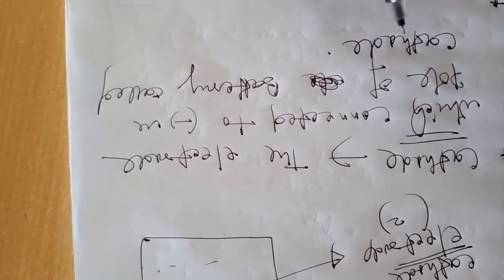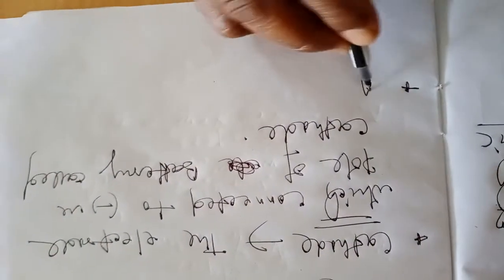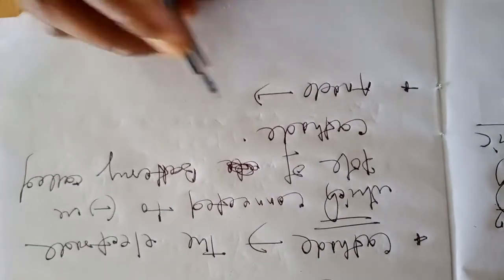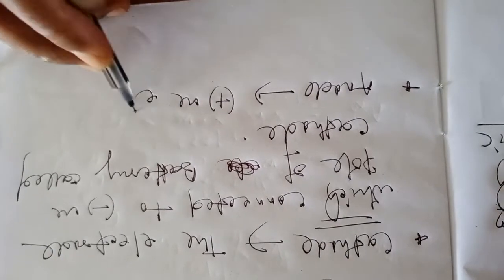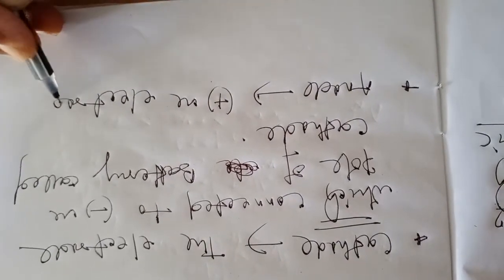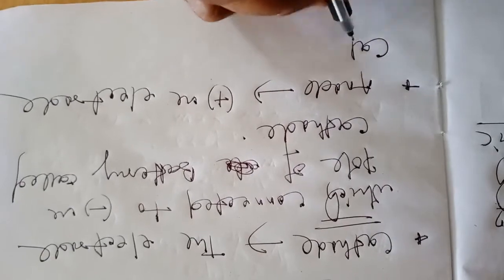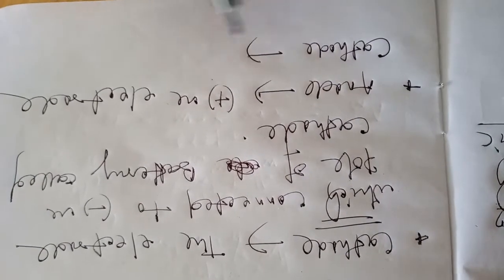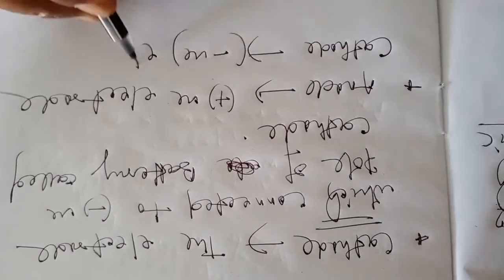So here also we can write: anode is the positive electrode, cathode is the negative electrode.